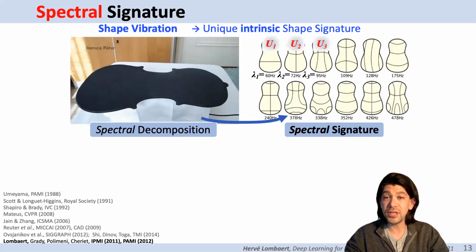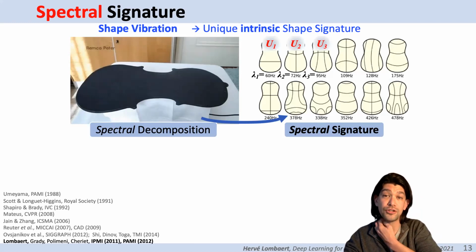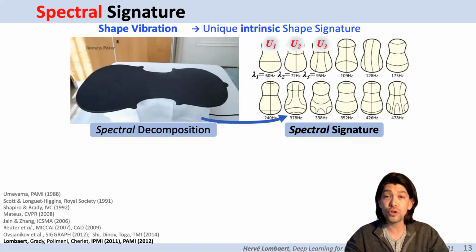We call these harmonic frequencies, and the sand forms very particular patterns that are completely driven by the shape, the geometry, of the vibrating plate. So that's a very cool property for finding matching.